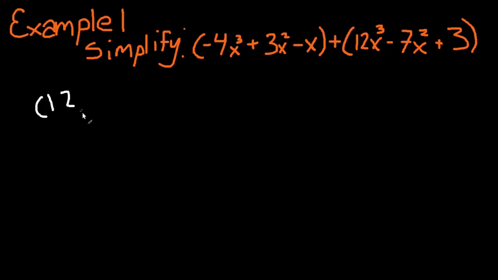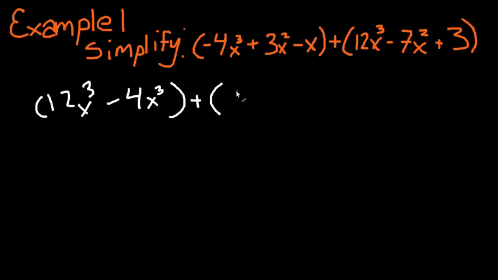And I'll put 12x to the third there first, so we can subtract negative 4x to the third. And I'm going to group those in parentheses. And next I'm going to group things with x squared.